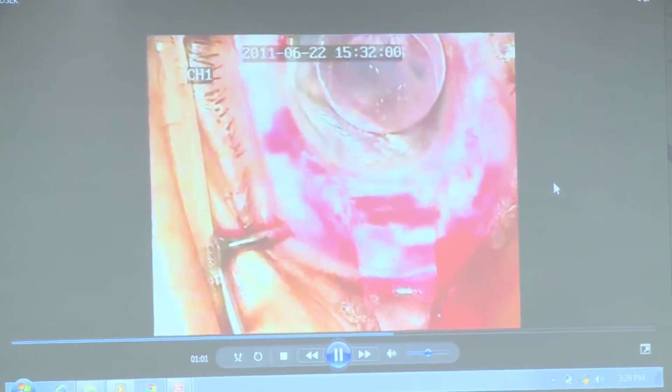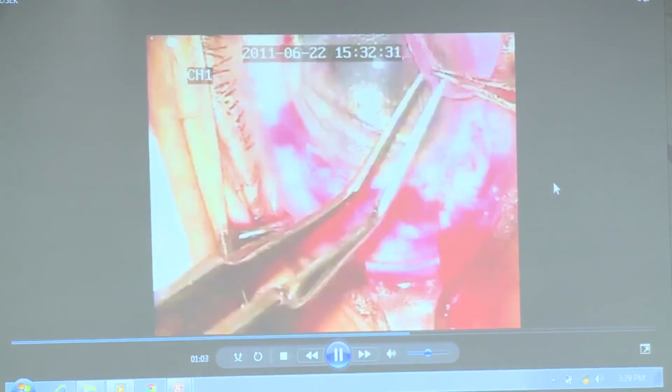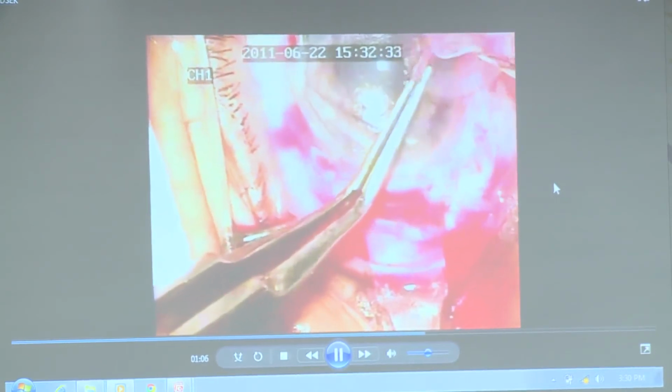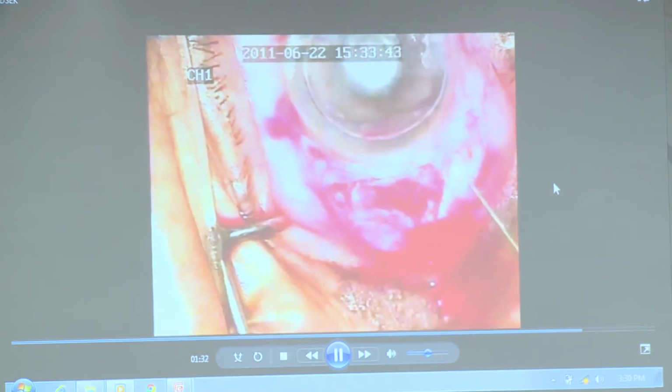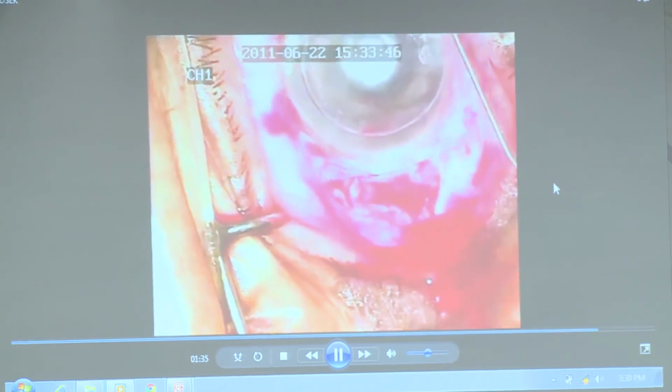Then the lenticule which was dissected is folded with the endothelial side down and pushed over the Sheets glide. Then, carefully holding the lenticule, you can take out the Sheets glide. You can wash out a little viscoelastic and then inject air to get good tamponade.